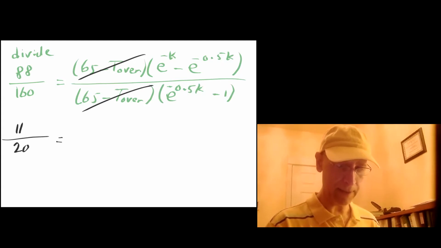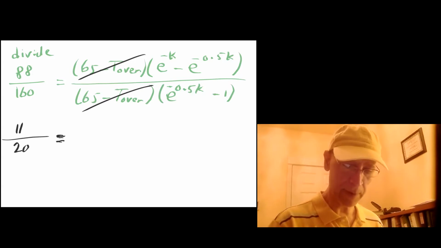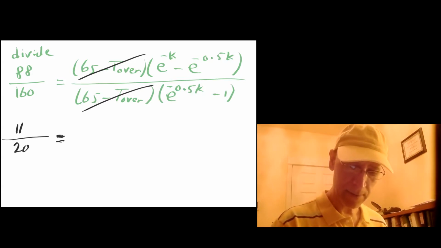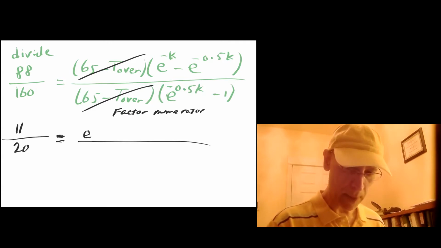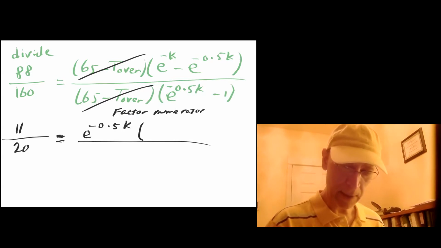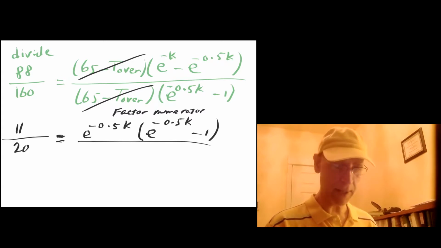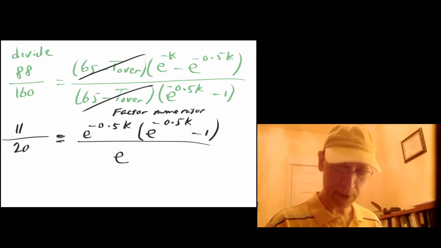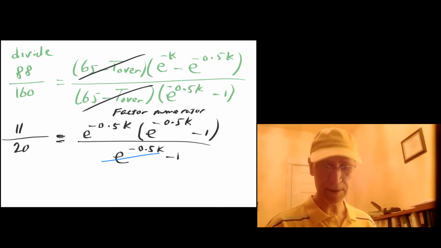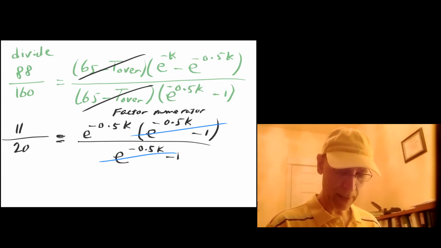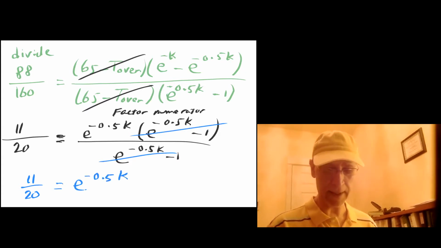And I'm left with, if I factor the numerator, e to the minus 0.5 k, then e to the negative 0.5 k, and then a minus 1, divided by e to the negative 0.5 k minus 1, and how nice, this cancels this. So I'm left with 11 over 20 equals e to the negative 0.5 k.